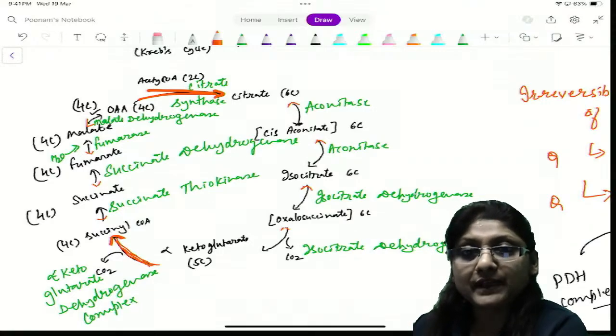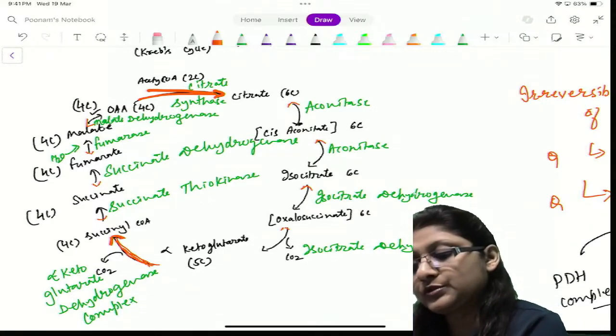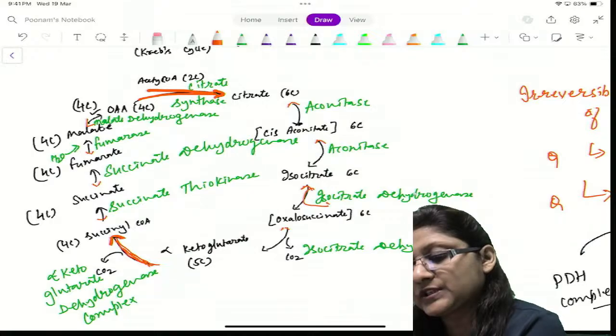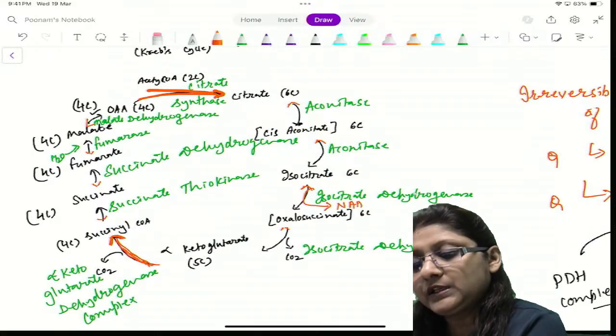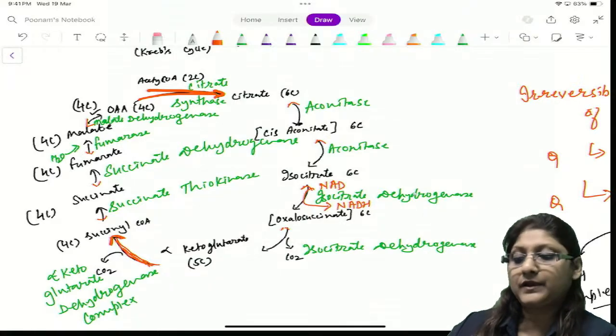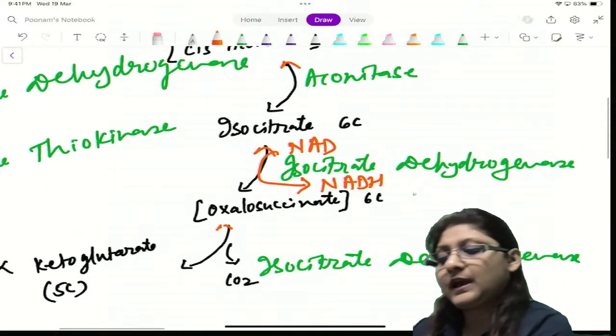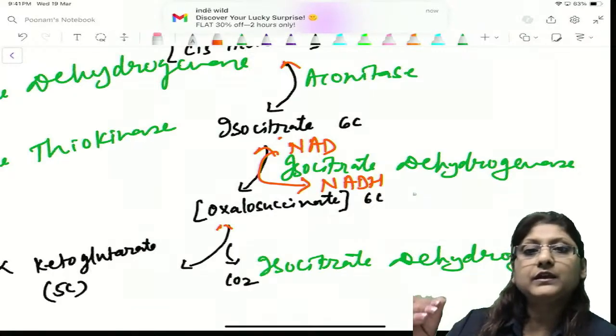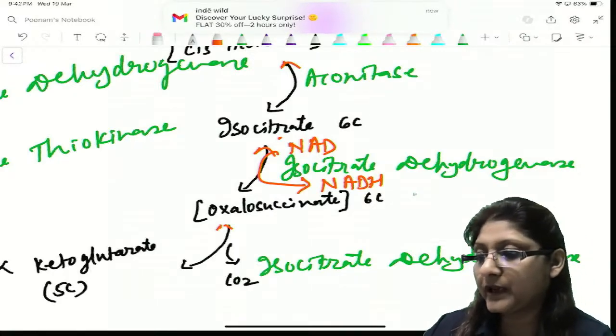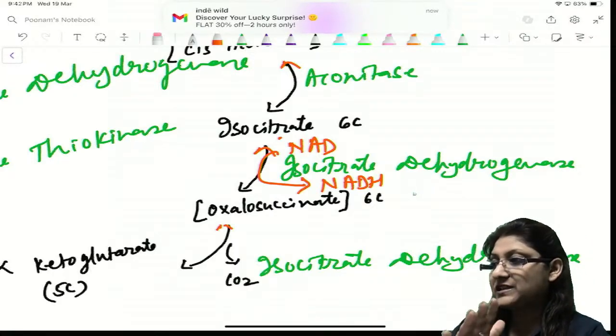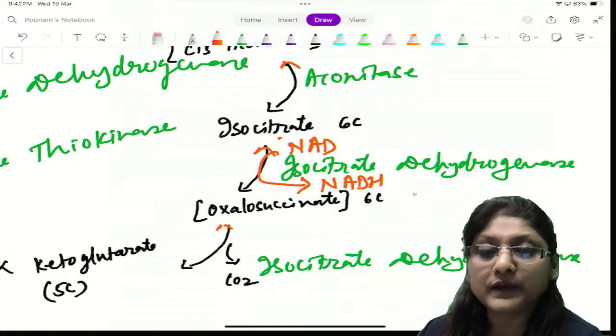The number 1 step where the NADH is produced is the isocitrate dehydrogenase step, where NAD is going to be coenzyme, and that is going to accept the hydrogen from this isocitrate, and that NAD will be coming out in the form of NADH. So that's the very first point where you get 1 NADH.